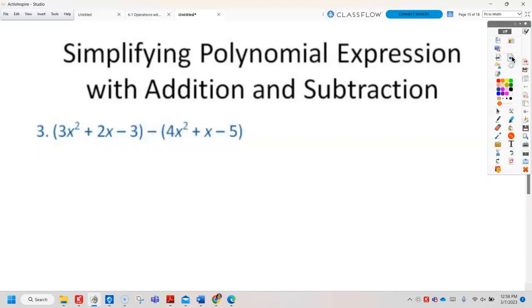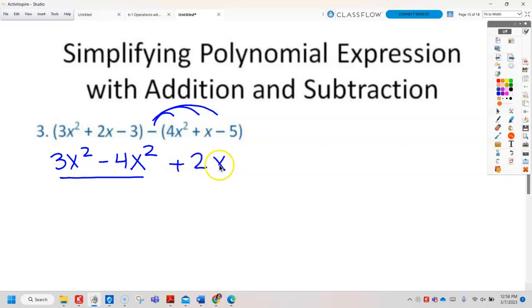So our negative is between them. So you distribute and combine like terms. Sometimes when I distribute, I rearrange so my like terms are next to each other. I also sometimes distribute and write them so that they are stacked.